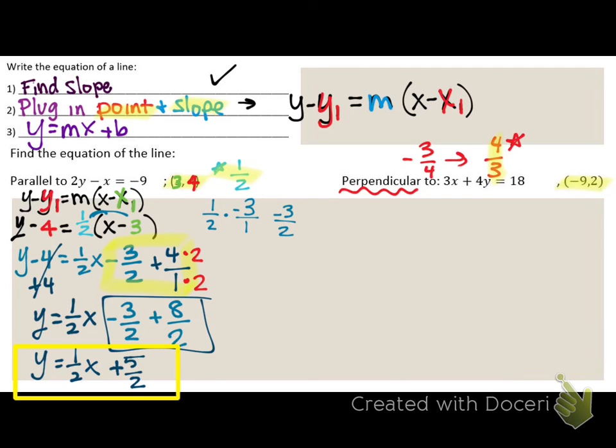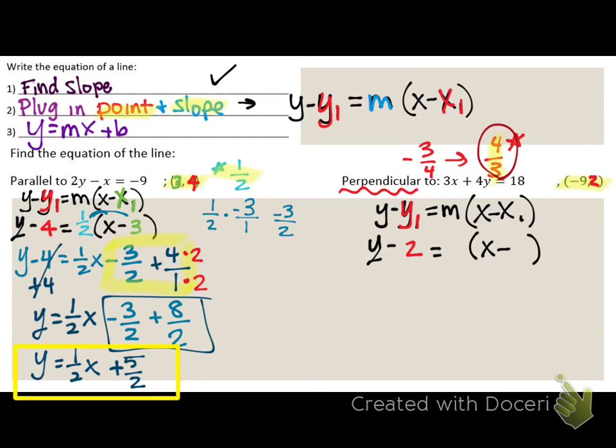So once we got our slope, we're going to plug in y minus y1 equals m times x minus x1. The y-coordinate, 2. We said our slope is 4/3. And then our x-coordinate is at negative 9. When I plug in that negative 9, it will turn into a positive.